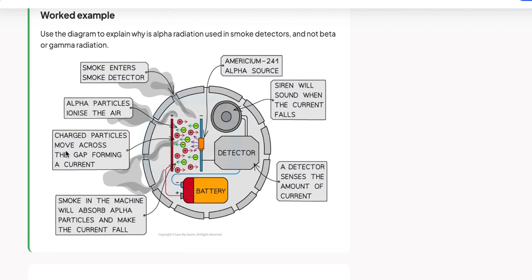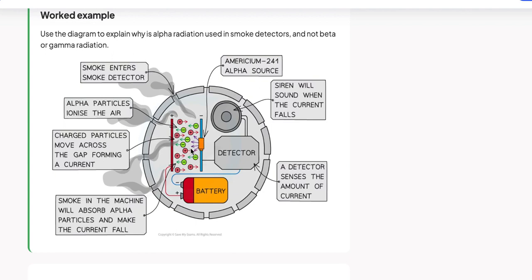Charged particles move across the gap, forming current. It ionizes the air to cause positive and negative ions to be liberated and cause current to flow in the system.